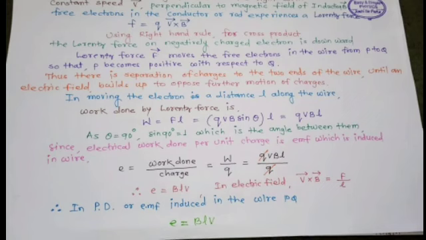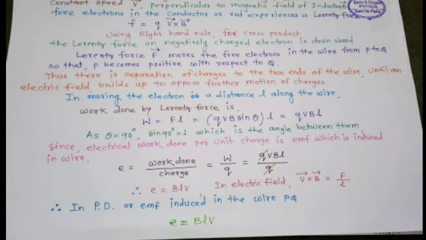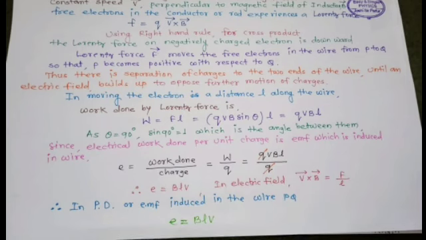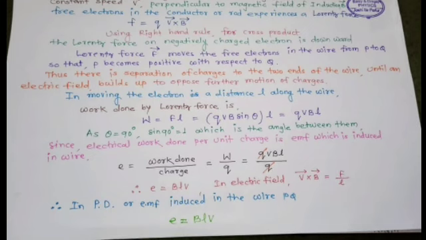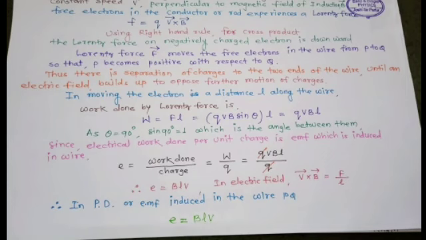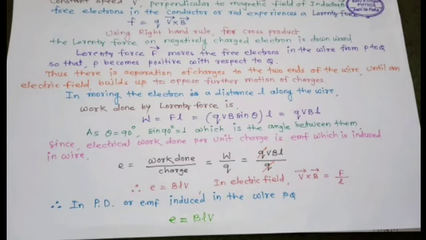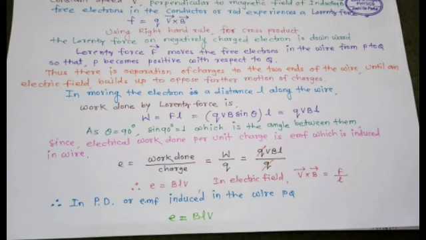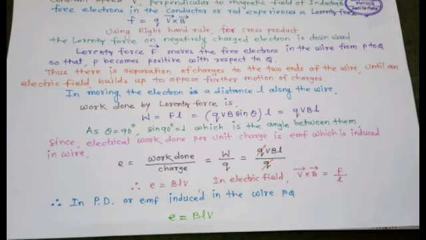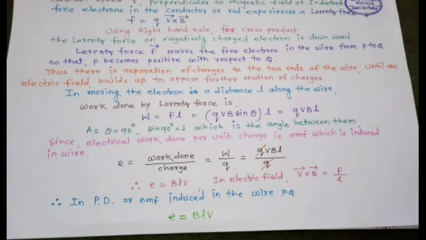which is QVBL, because theta is equal to 90 degrees, sin 90 degrees is equal to 1, which is the angle between them. Since electric work done per unit charge is the EMF induced in the wire, E is equal to work done upon charge, so W upon Q, which is equal to QVBL upon Q. Q gets cancelled.